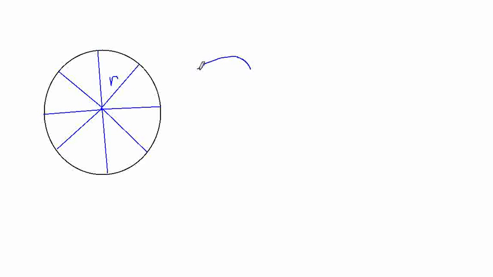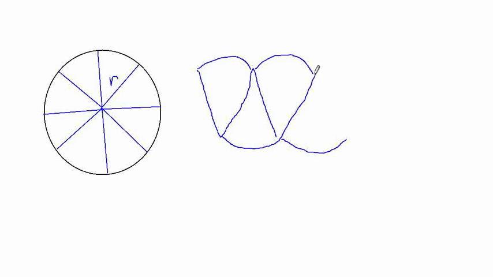I can put one pizza slice shaped piece like this, and then I can put another one right next to it like this, and another one. Okay, so I can arrange it like this. Now, it might not seem like this is accomplishing anything, but just bear with me. All right, let's see. So I have a 2, 4, 6, 8, 2, 4, 6. I need to do 2 more.